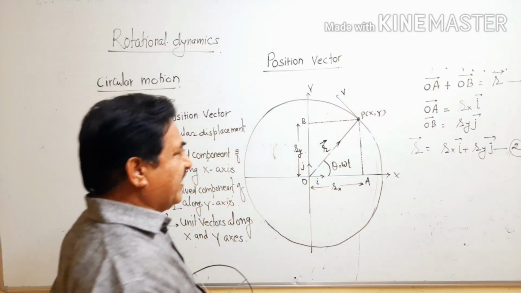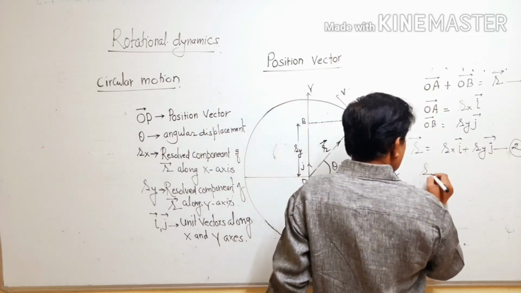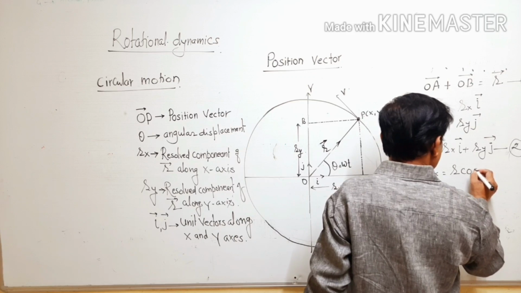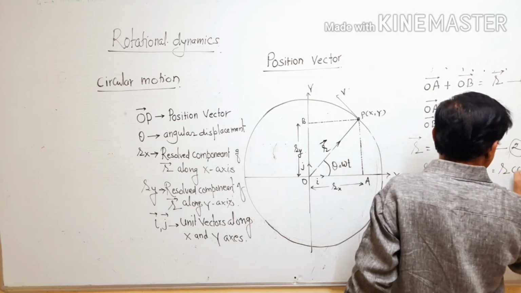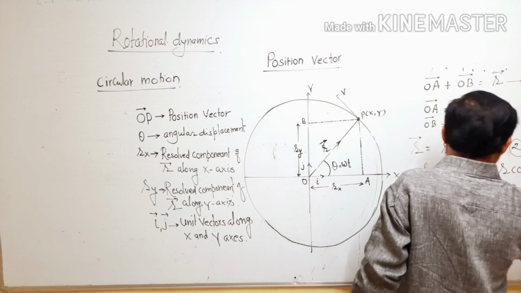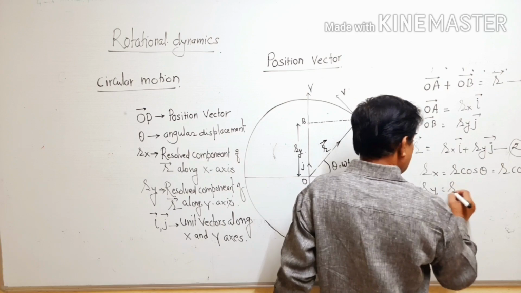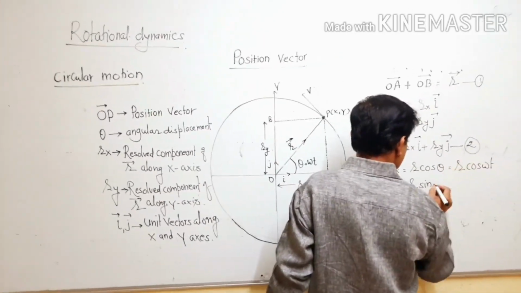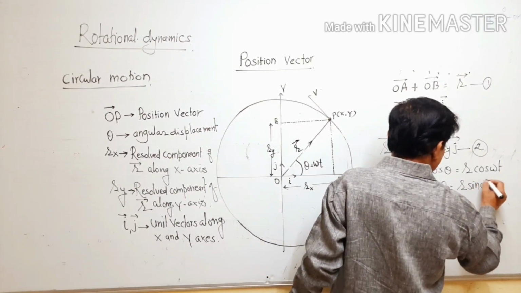But from the figure, Rx is equal to R cos theta, that is R cos omega t, and Ry is equal to R sin theta, that is R sin omega t.